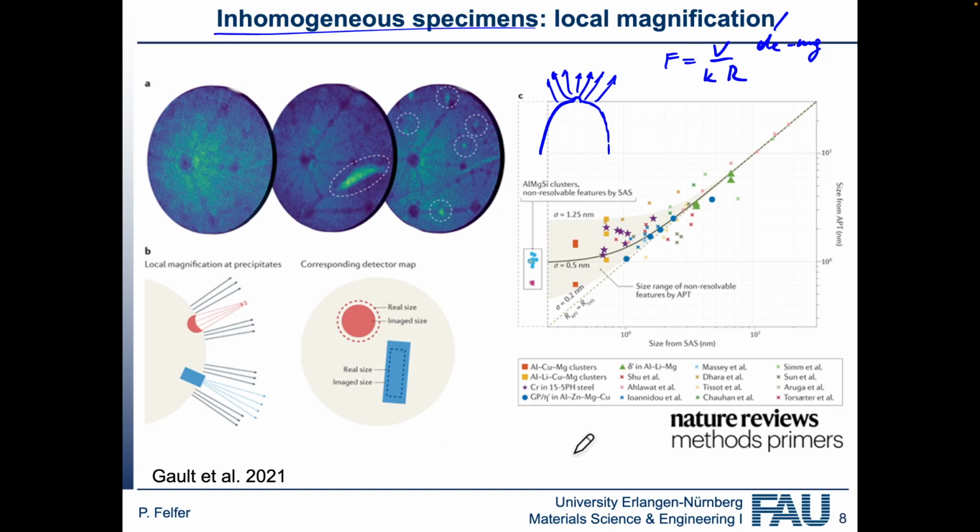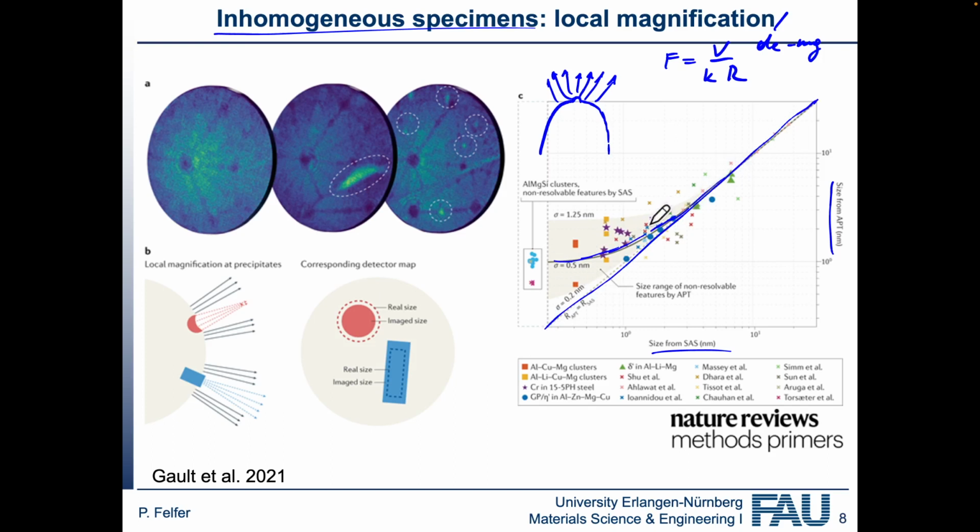And here we've got a bunch of different sizes from small angle scattering. I don't know if it's neutron small angle scattering or X-ray small angle scattering, but it doesn't matter. It's just a measurement with very good statistics, very well verified. And if we compare it with atom probe tomography, then we can see that we get a deviation. This is essentially the line where it's the same, and the smaller the object becomes, the more we get a deviation.